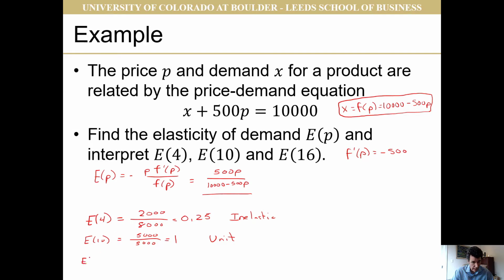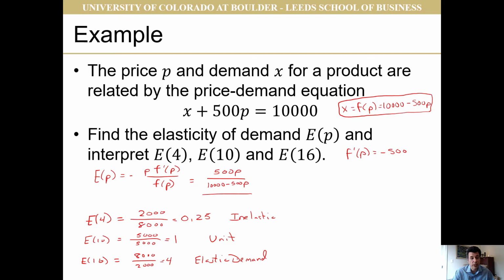And then E of 16 is 500 times 16, which is 8,000, divided by 10,000 minus 16 times 500, which is 2,000. So it's 4, and this is elastic demand. And what does this mean?